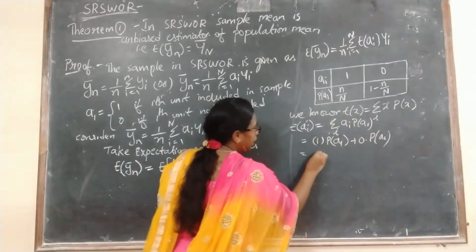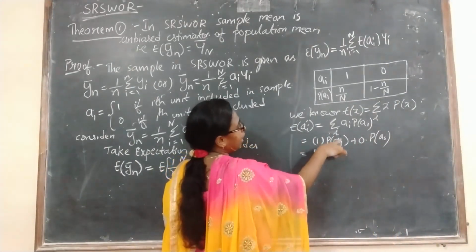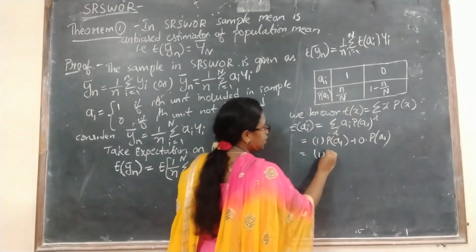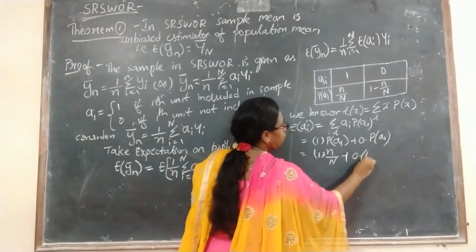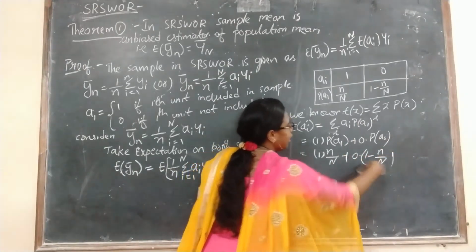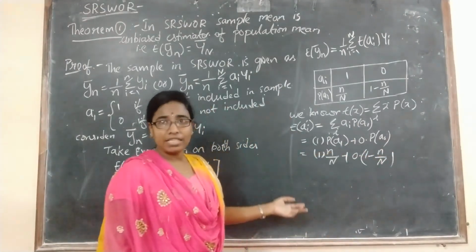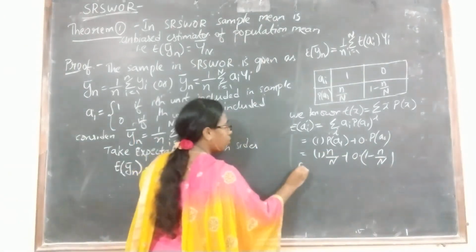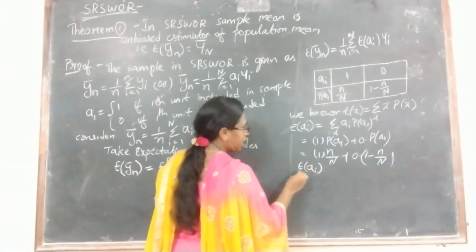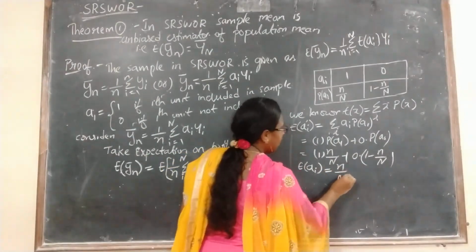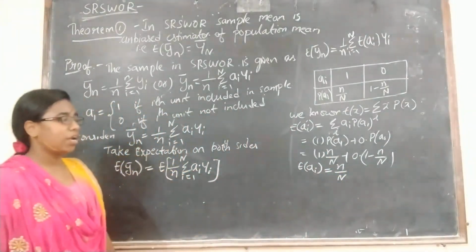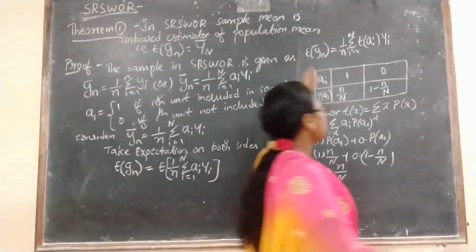Next, 1 into, what is the probability of AI at 1? It is small n by capital N, plus 0 into 1 minus n by N. So 0 into anything is 0 only. Therefore, the expectation of the AI value will become small n by capital N. So this is the AI value we need to substitute in this equation.